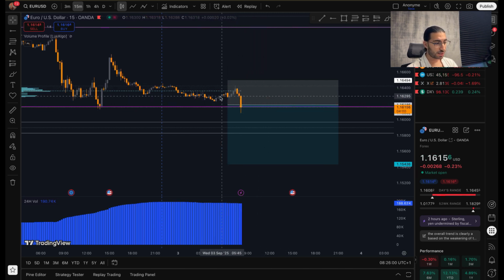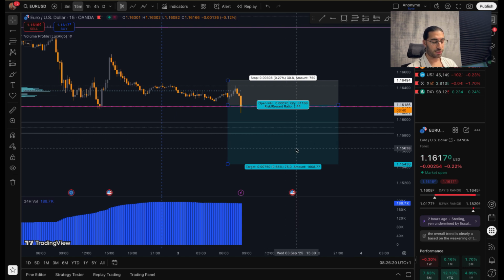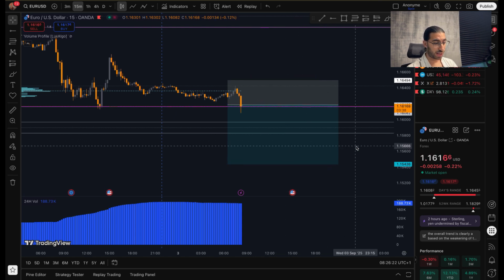However, if this keeps pushing to the downside, then I'll move the stop loss to break even when the price reaches here. If I have a bounce back to the upside, I'm going to close it. If I have a breach to the downside of this level, I will scale in, so enter more.